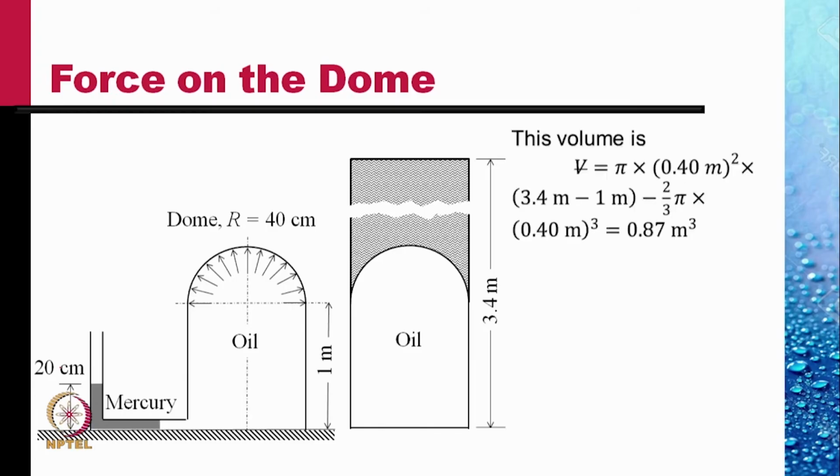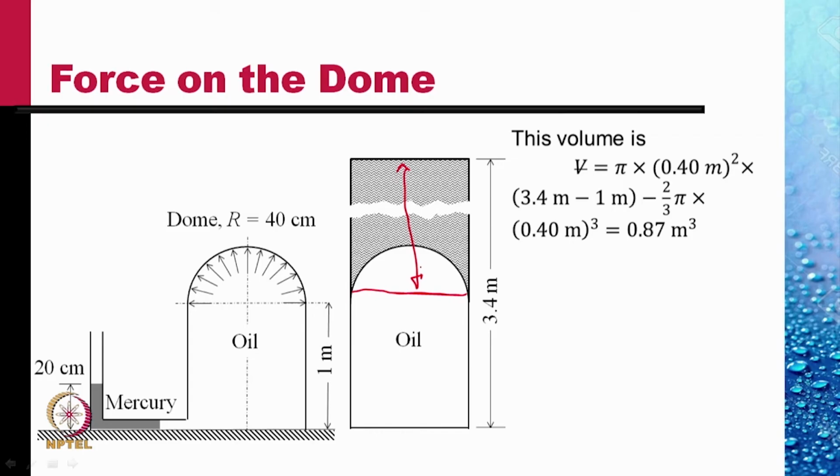We can easily evaluate that volume as here. Volume is pi times 0.4 meter squared, which is the area of cross section, times 3.4 meters minus 1 meter, that is 2.4 meters. This would be the volume of this cylindrical vessel.